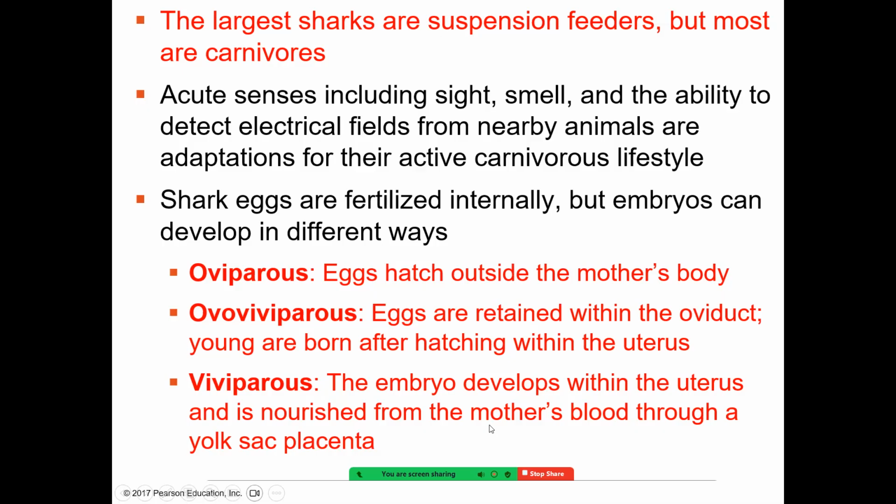The embryo develops within the uterus and is nourished from the mother's blood through a yolk sac placenta. So again, one of the features that is similar to what we might find in mammals. So all internal fertilization, but then development of those embryos and the hatching will be different based on different species.